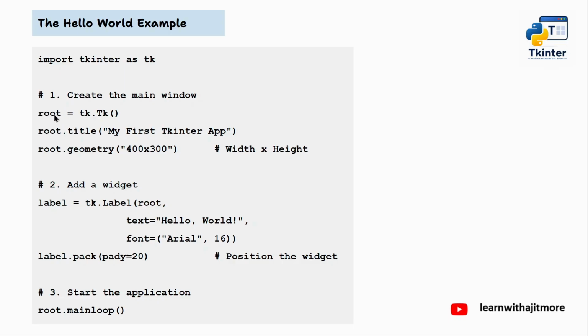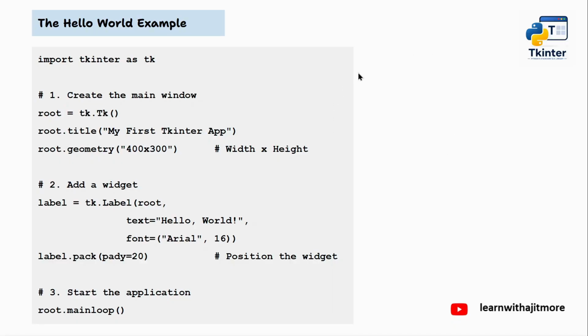Once you get the root object, you can set its title and its dimension by calling that root object's methods. These are the methods of that class Tk. Tk is a class. You're creating an object of that class and then calling its methods. So you're calling its title method and giving the string.